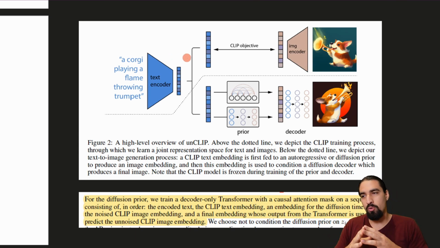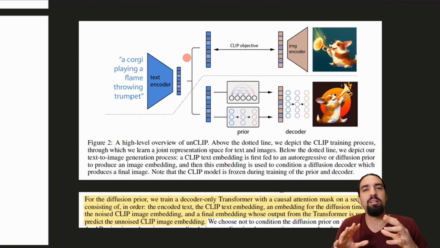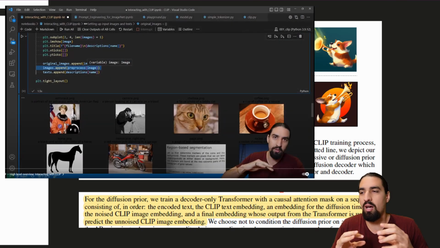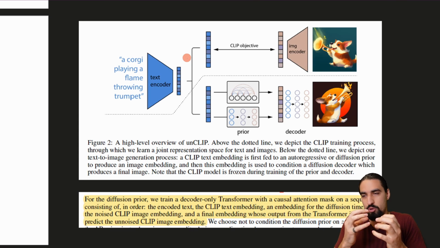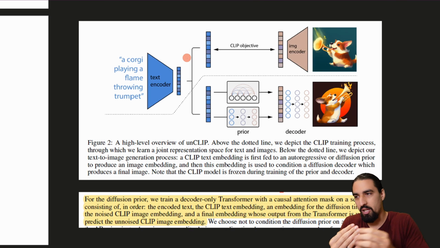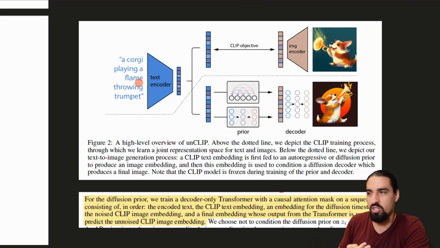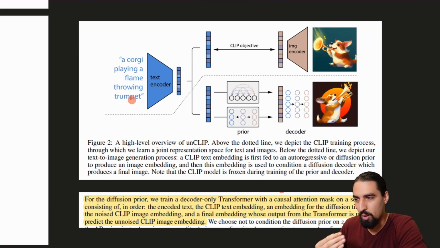And for those of you who are not familiar with CLIP, I already covered the paper, and I've also done a code walkthrough of the original OpenAI repo, so you can check out those videos if you want to know a bit more detail about CLIP. But on a very high level, what CLIP does is it learns this very rich joint embedding space between images and text, such that you have this cool property where you grab a piece of text, such as a corgi playing a flame-throwing trumpet.